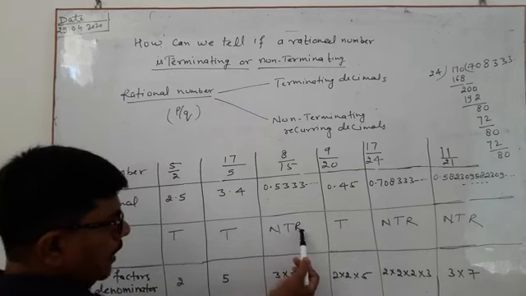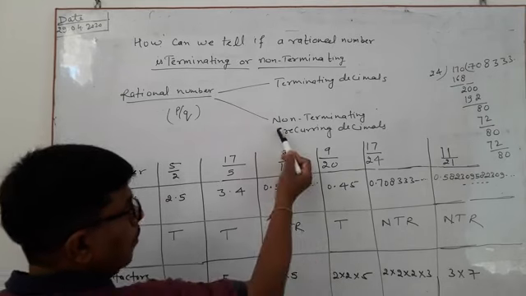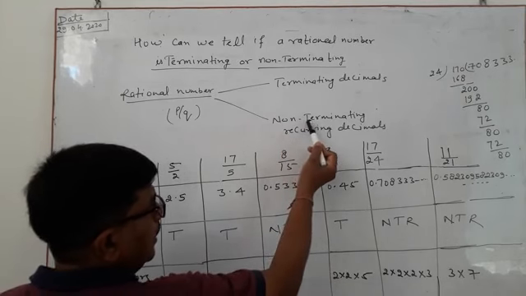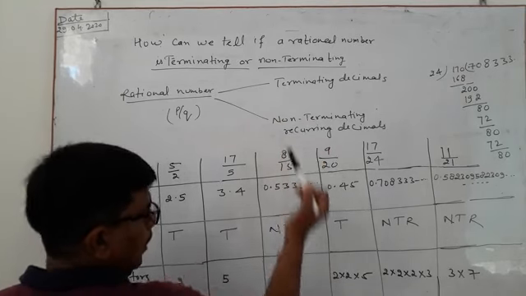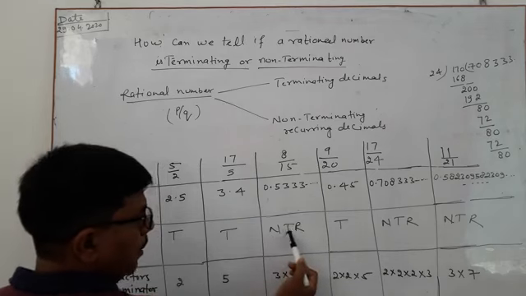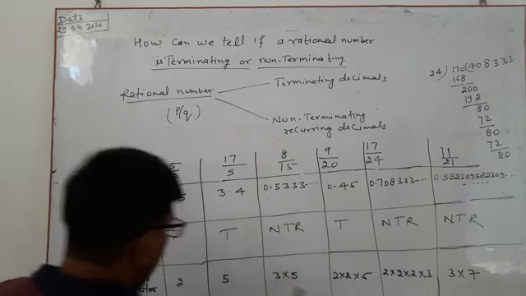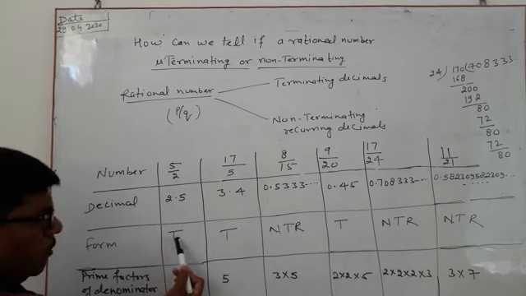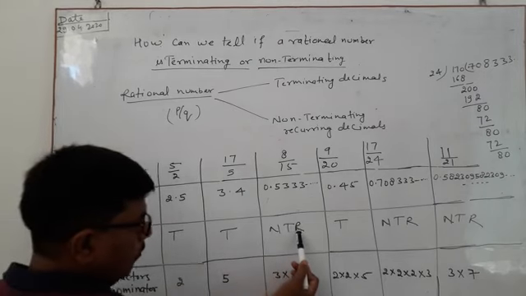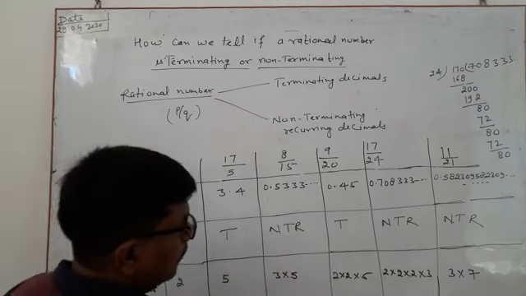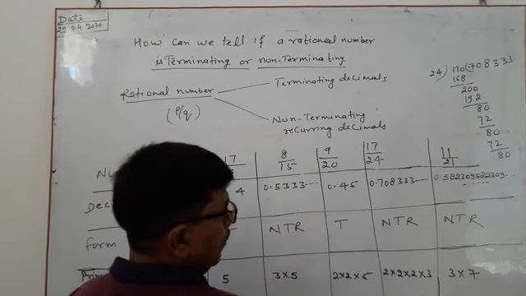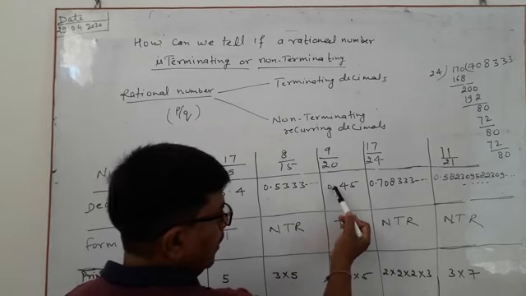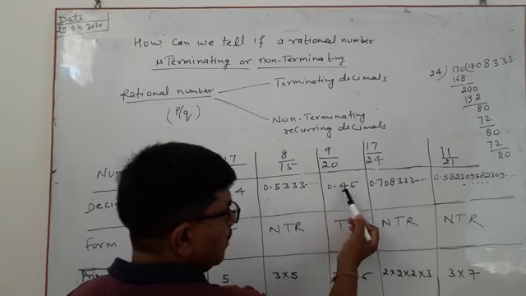Now non-terminating recurring means NTR: N for non, T for terminating, and R for recurring. So T stands for terminating, and NTR for non-terminating recurring. Now look at 0.45. After the decimal there are two digits, which is finite.